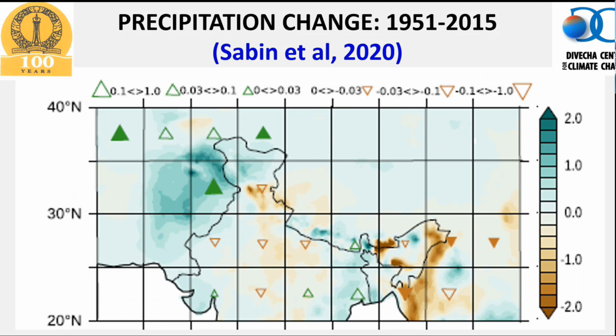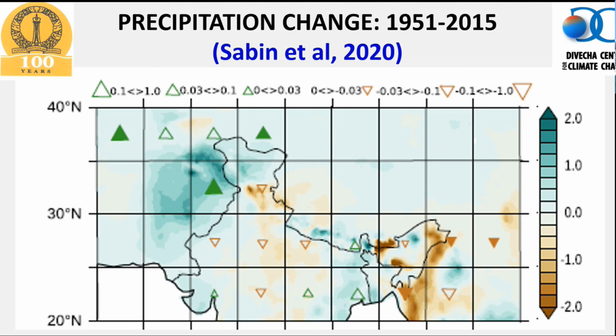In addition to that, there is also precipitation change, and we know that certain parts of Himalaya, particularly western disturbances in this part, receive more precipitation than normal. Certain regions have slightly reduced precipitation, and there is also reduction in precipitation in northeast Himalayas.